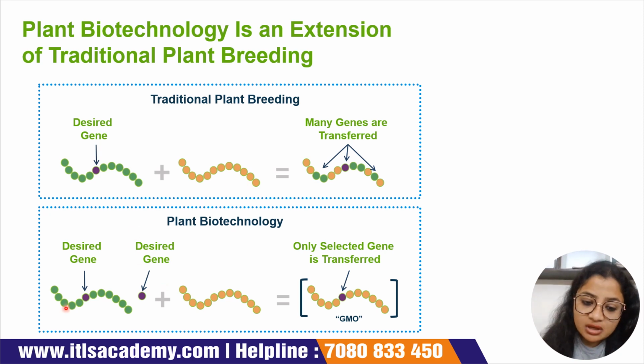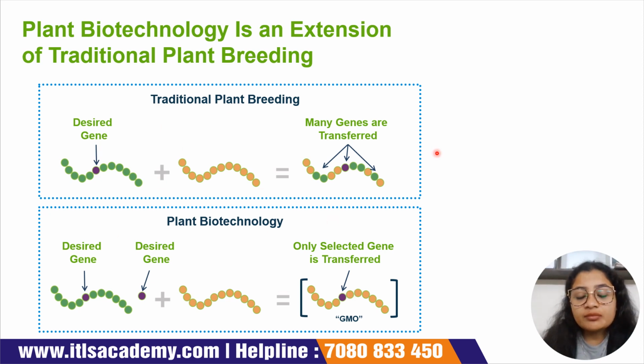We are isolating this desired gene, and then only the selected gene is getting transferred to the target organism that we are going to make or produce, and that is known as the GMO, or the genetically modified organism. They are also known as genetically modified crops. Okay, so that is the basic difference.